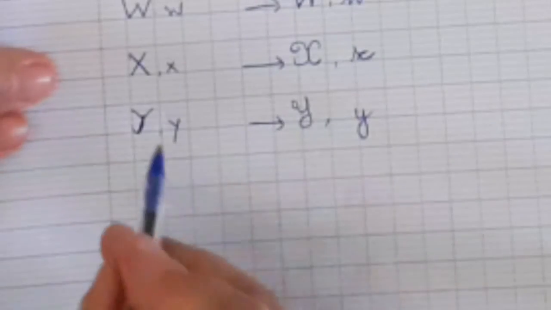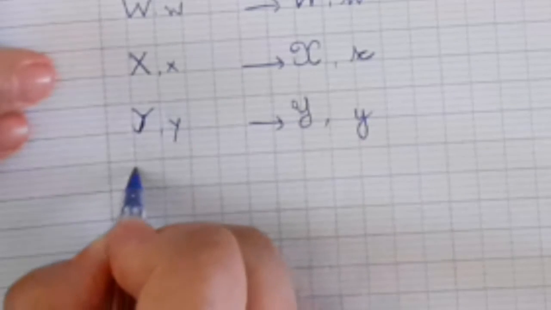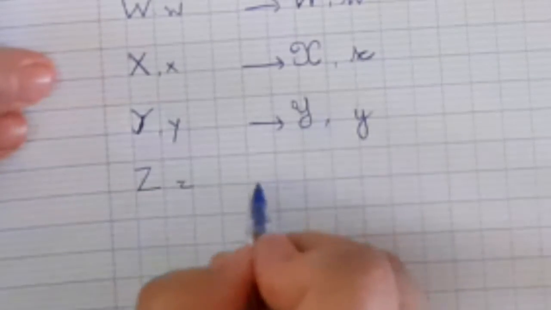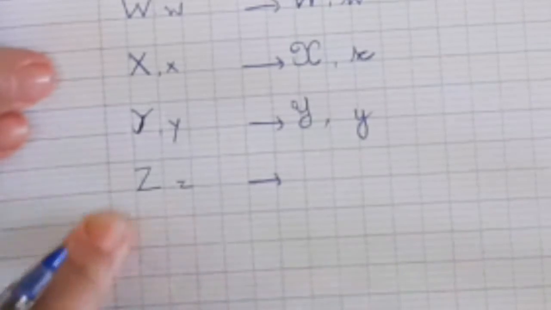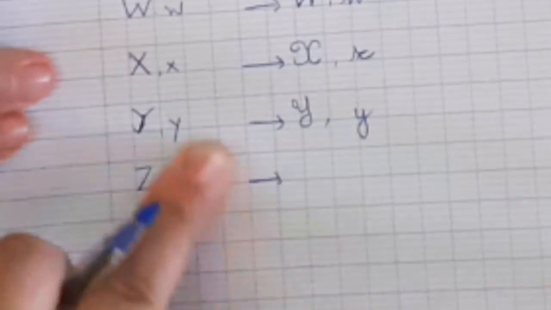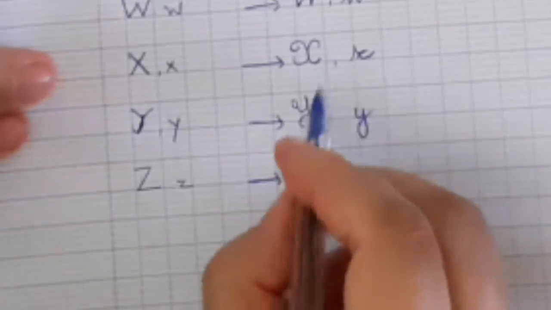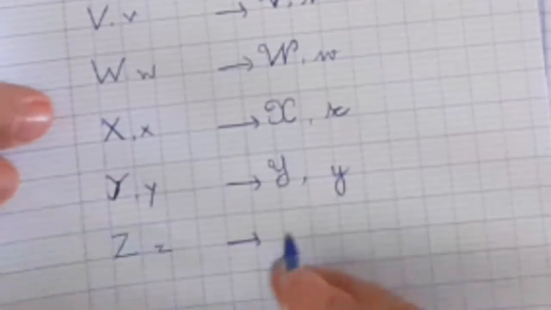Okay. Z now. Z. This is non-cursive form, capital and small. Now, in non-cursive, they are like that.